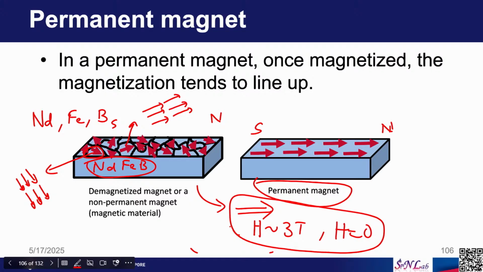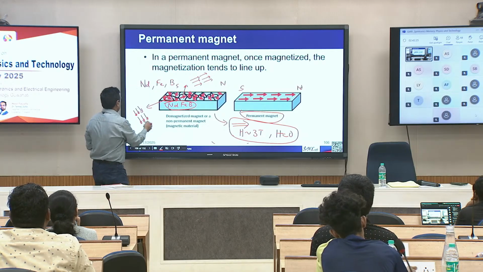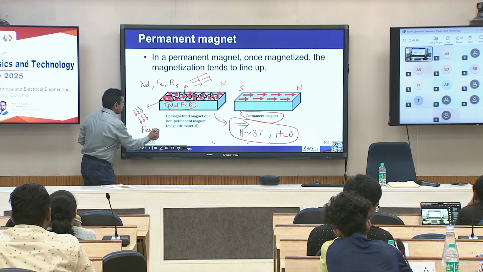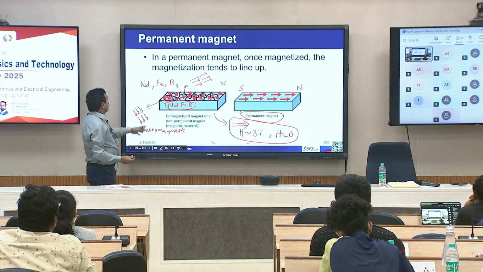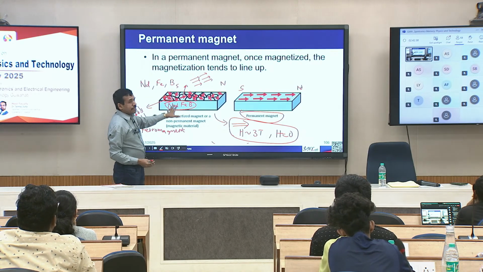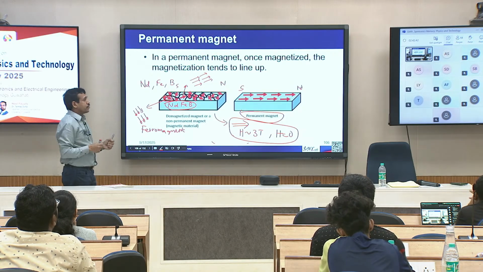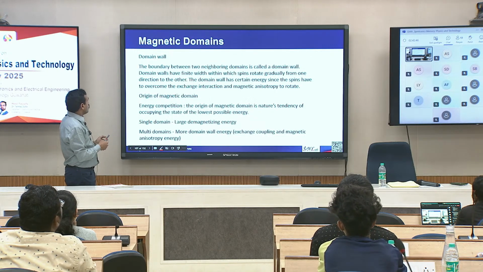Within this microscopic region, the neighboring atoms have parallel magnetization, which means it is ferromagnetic. But on the whole, the system divides into many small regions with random magnetization direction. This property is called magnetic domains.